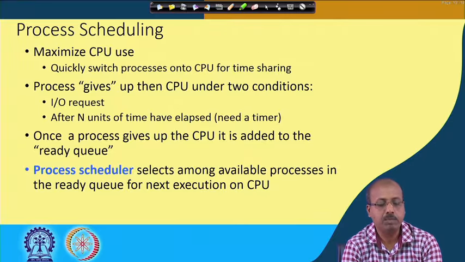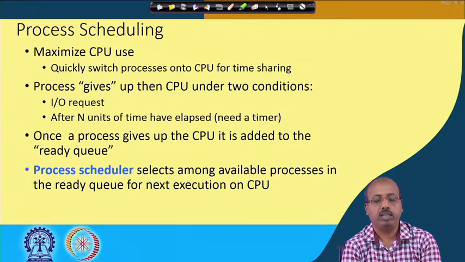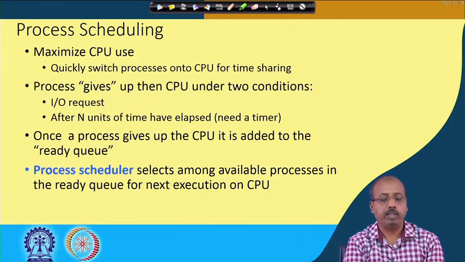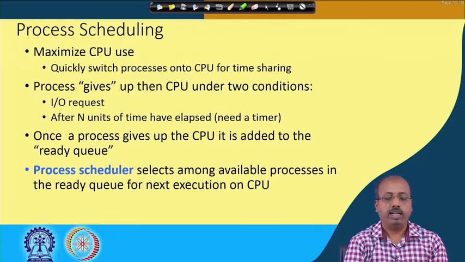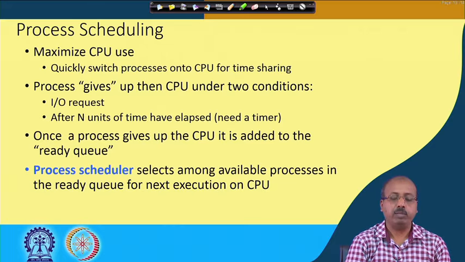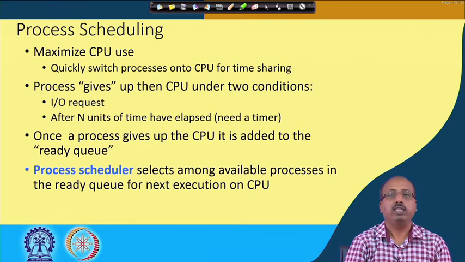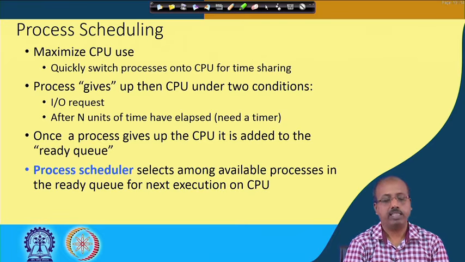A process gives up the CPU under two conditions. One is the IO request, which I have already mentioned: there is some IO operation that has to be done. The other is after n units of time have elapsed. There may be a timer, and the process was given some time slice for execution; after that time slice expires, the process is taken back from the CPU, and that way the process can give up the CPU.